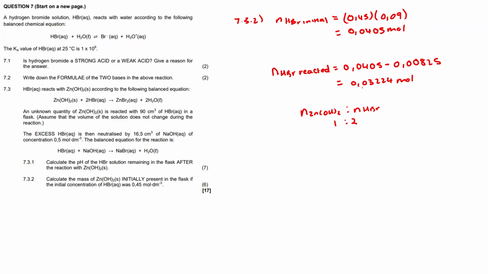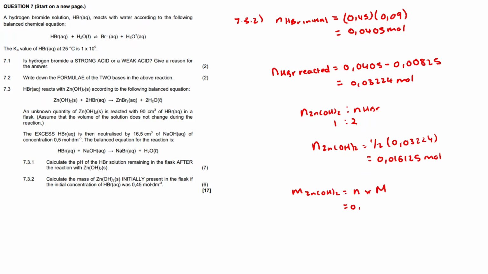So, we know that the amount of moles of zinc hydroxide is half the amount of moles of HBr. And when we calculate that, we should get 0.016125 moles.